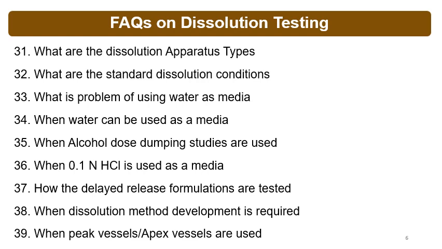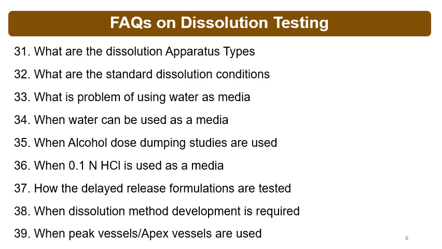Generally alcohol dose dumping studies are used for extended release formulations. When is 0.1 normal HCl used as a media? Whenever you are working on a formulation containing BCS class 1 and 3 APIs and you are getting rapid or very rapid release for IR formulations, generally 0.1 normal HCl is used as a media.